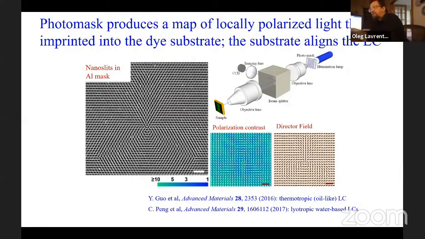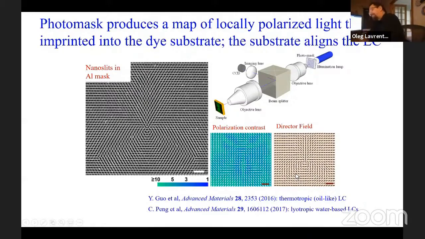So when the light goes through such a nano mask, it gets polarized, and it is linearly polarized locally. And if you go from one point to another point, the direction of this linear polarization changes. And then if you use this pattern of polarized light to align the azo dye molecules, they would follow the pattern and form the orientationally ordered state.